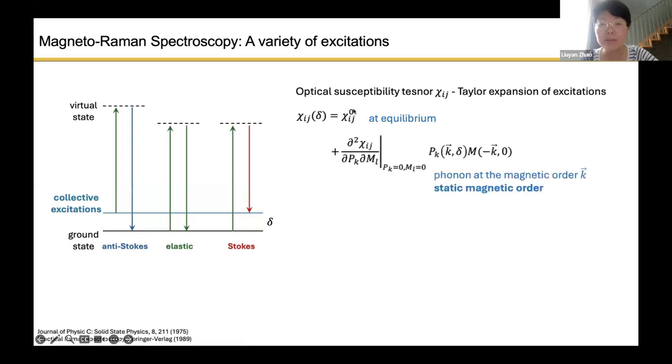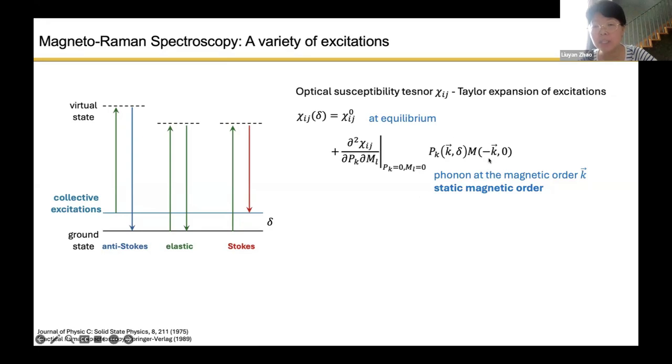But we can have a process in which the light is scattered off by a phonon at a wave vector that equals your static magnetic order's wave vector. So this kind of combined scattering is an allowed process, and we often call it folded phonons. The phonon at finite wave vector is folded by the magnetic order to the gamma point and then becomes visible in the Raman process.